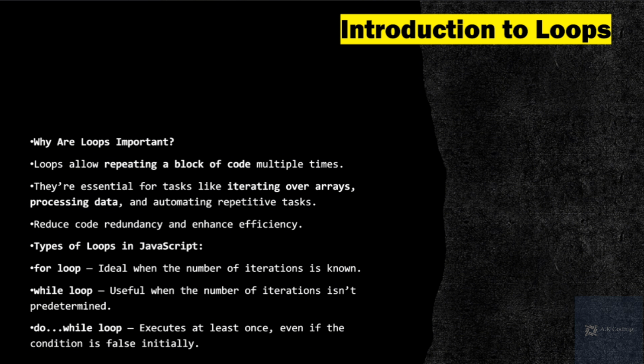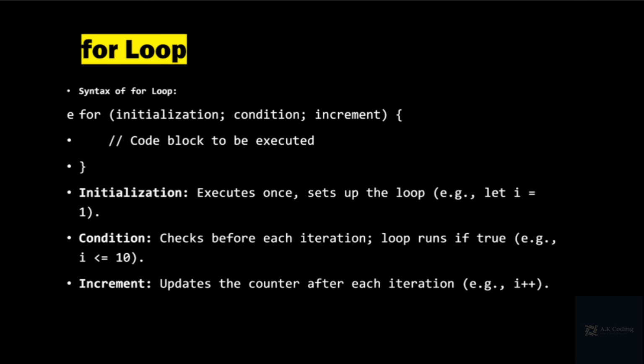So let's dive into the for loop syntax. As you can see here, we use the keyword for and simple brackets, and there will be 3 parts inside. The first is initialization, the second is the condition, and the last is the increment.